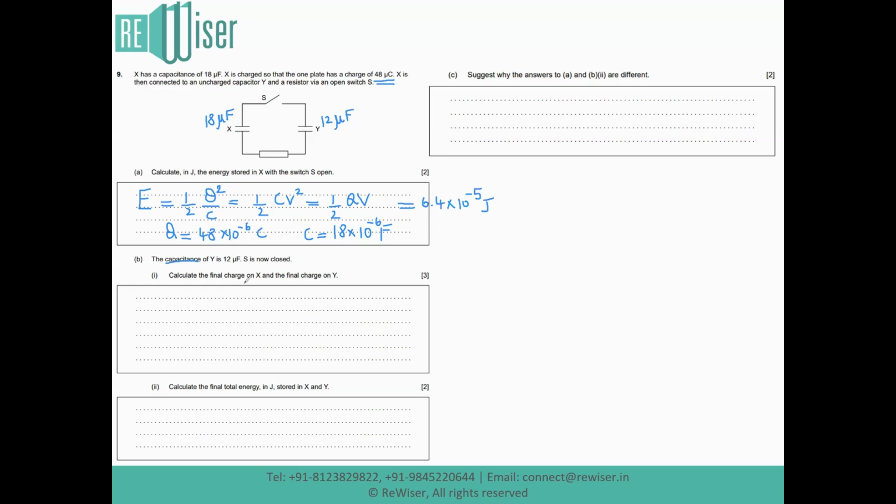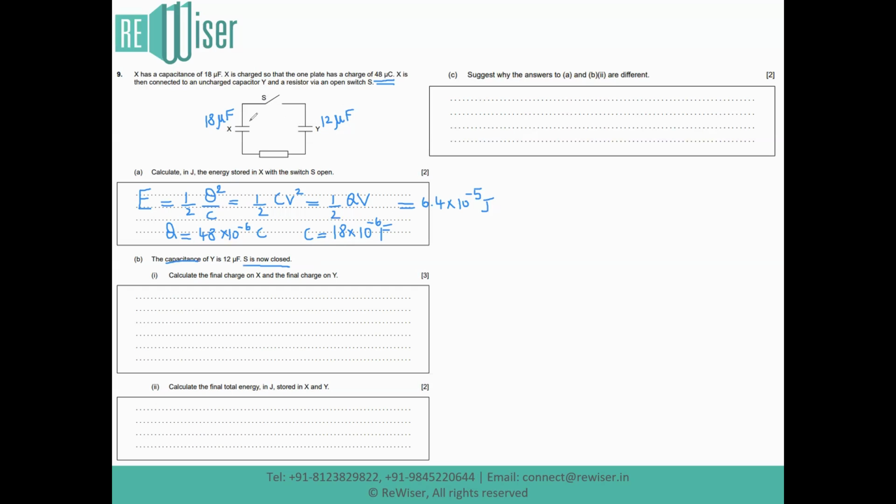They are now told that the switch S is closed and they're asking us to calculate the final charge on X and the final charge on Y. Here we have a simple question. Whenever the switch S is closed, capacitor X initially remains fully charged, holding a charge of 48 microcoulomb, whereas Y is uncharged.